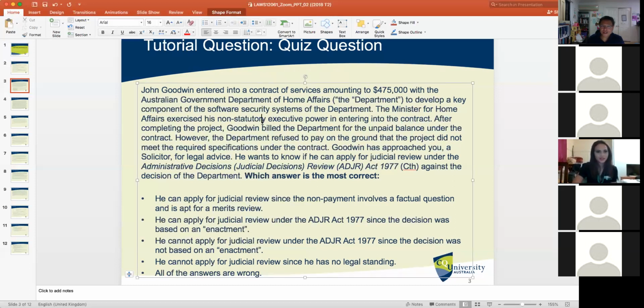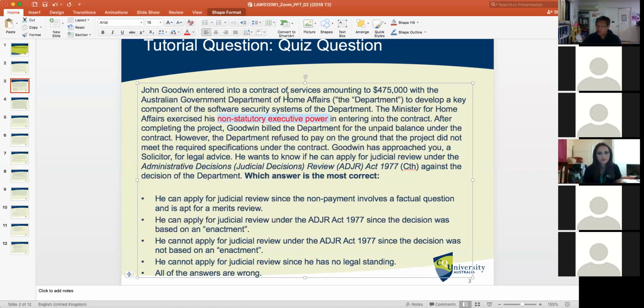The crucial point here with this particular quiz is the fact that in entering into the contract, the Minister for Home Affairs, who obviously is part of the executive, has exercised his non-statutory executive power. So let's be clear about that. When it comes to members of the executive, it could be ministers, department heads, and so on, the basis for their ability to exercise their executive power can be based on the Constitution.